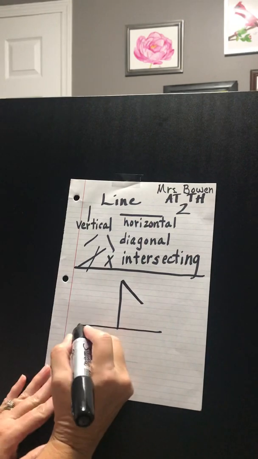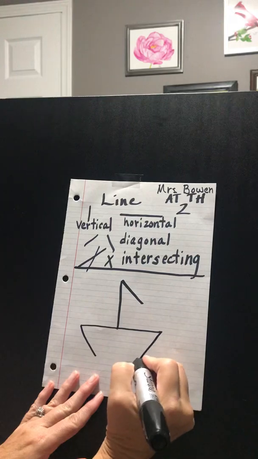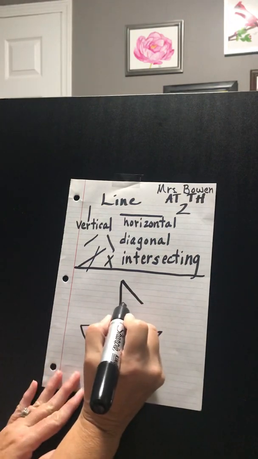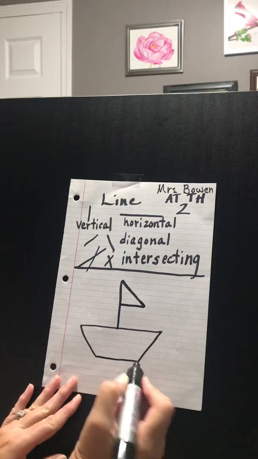And let's do a diagonal line here, and let's make one go the opposite way and come in here. Do you have any idea what we're going to draw yet? And remember, if I'm going too fast, all you have to do is pause the video. Now, let's draw some more horizontal lines. Let's do one here, and let's do one here.